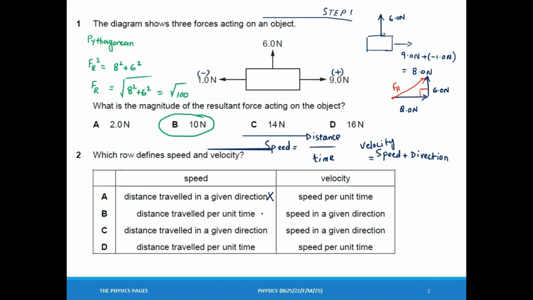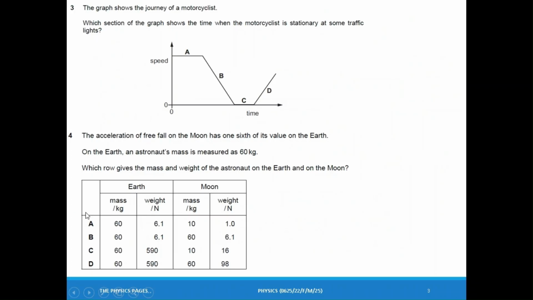Distance traveled per unit time is our right choice, either B or C. On the other side, in the second column, velocity is speed in a given direction or speed per unit time, in B and D. So speed per unit time is wrong, speed in a given direction is right. So our chosen answer should be B.